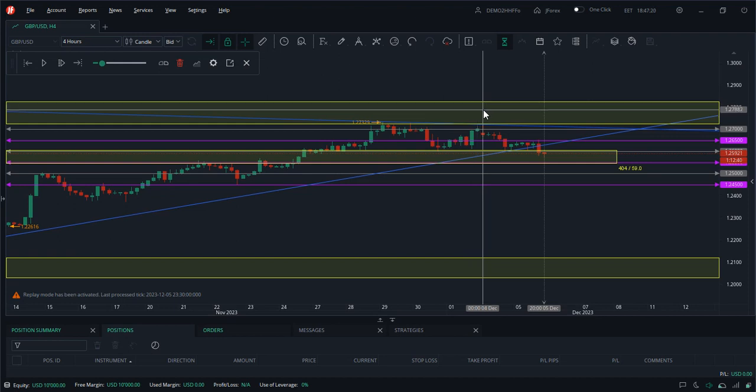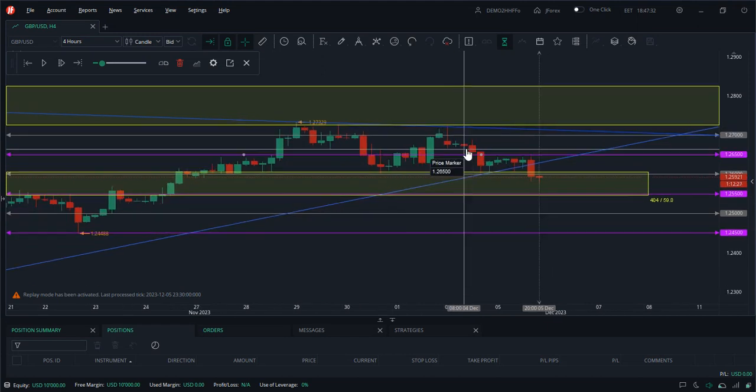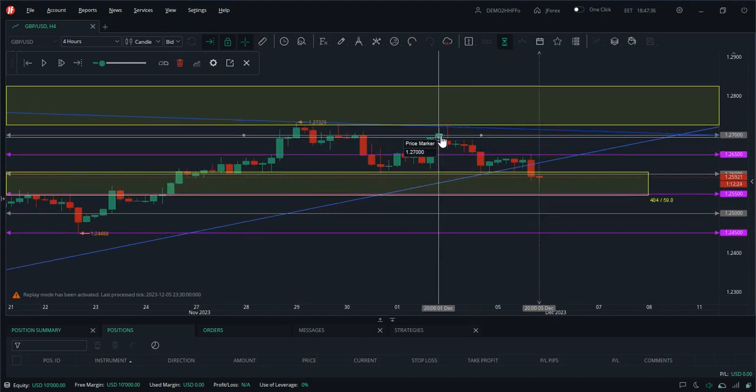So let's bring our period separator to be able to separate the weeks. But we already got it this way. We already know this is 1st of December, and this is 4th of December, which is on Monday.